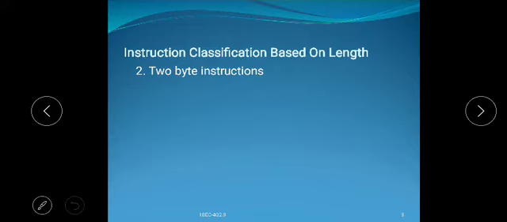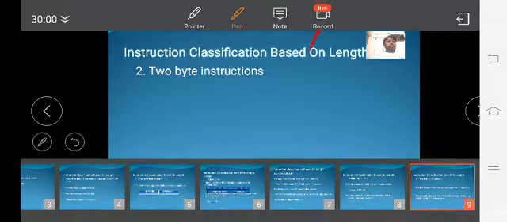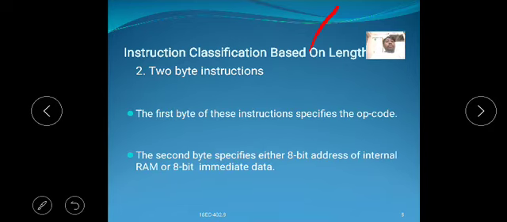The instruction classification based on length: the 2 byte instructions.